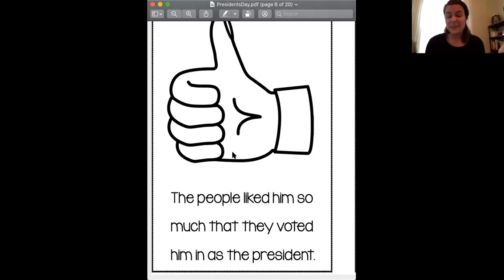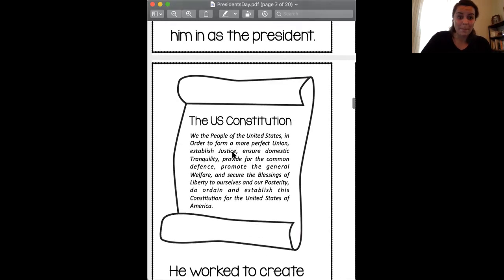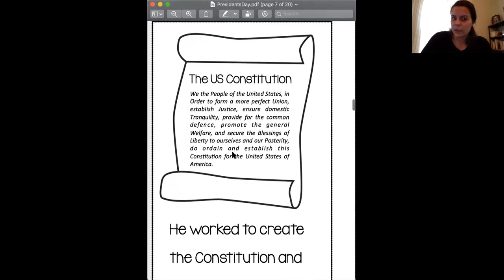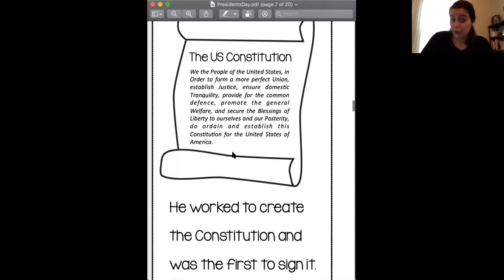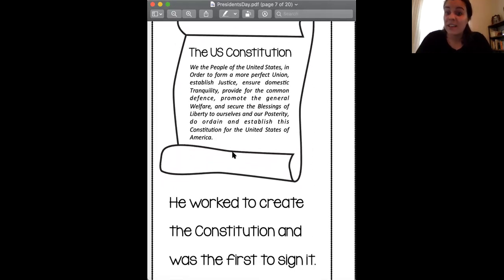Everybody thought he was such an awesome guy. They said, thumbs up, he should be president. And the people of the United States get to vote for the president. That's pretty cool. The US Constitution: he worked to create the Constitution and was the first person to sign it.